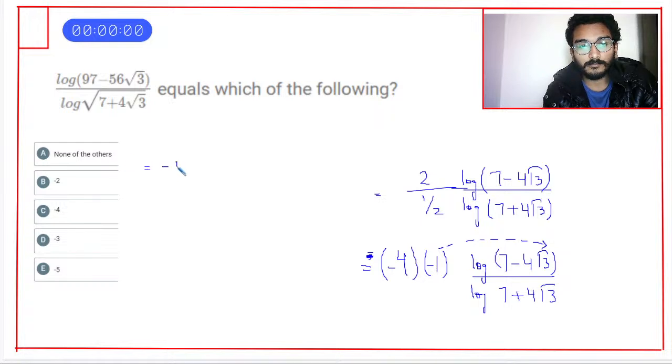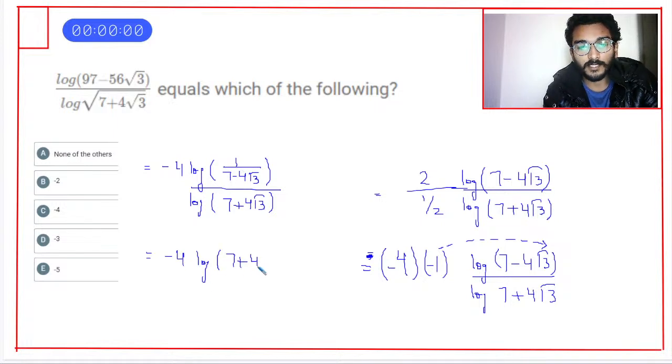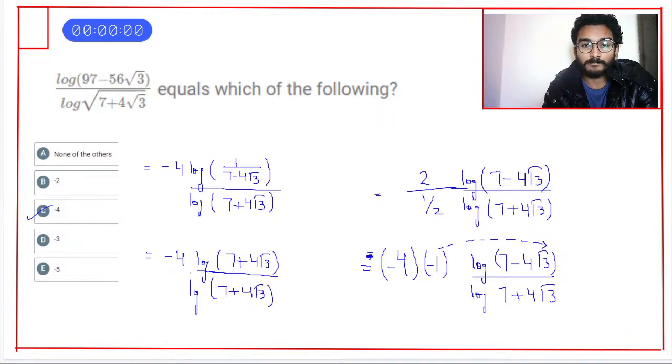So if I do this thing, it would be log of 1 divided by 7 minus 4 root 3 whole divided by log of 7 plus 4 root 3. When you rationalize the numerator part, it will give you the same thing as denominator. So that's why the answer is minus 4. Okay.